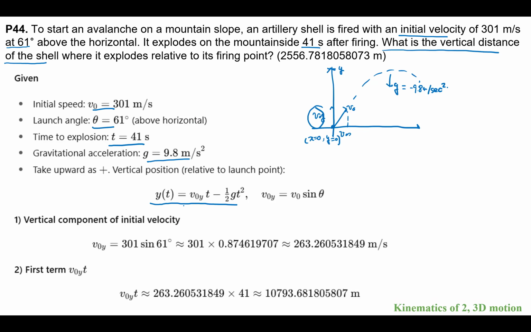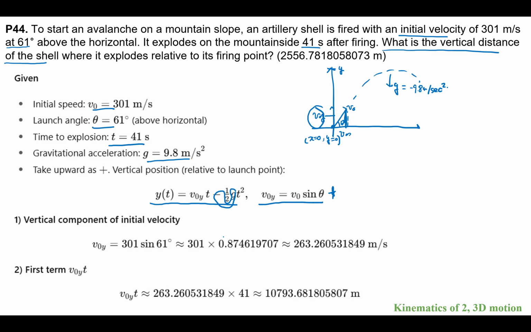In that case, if we have a constant acceleration, then you have velocity times t plus half of acceleration times t squared. And then we note that v0y is given by v0 sine theta.